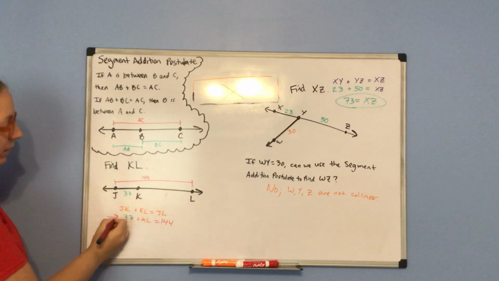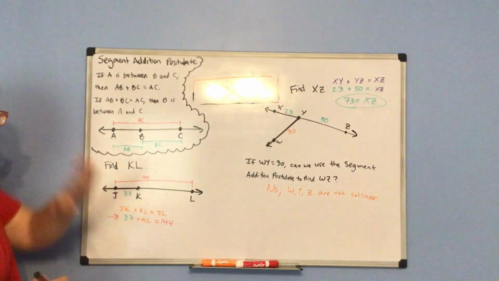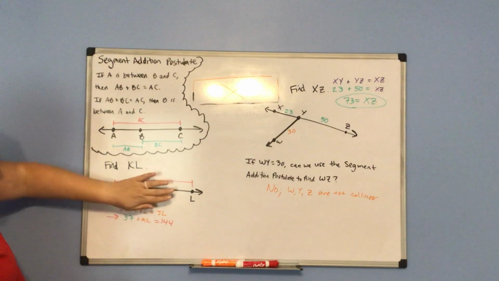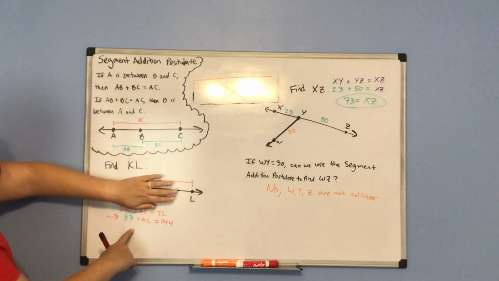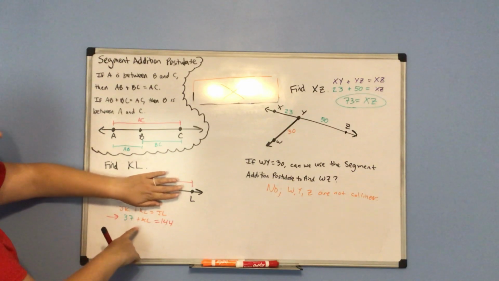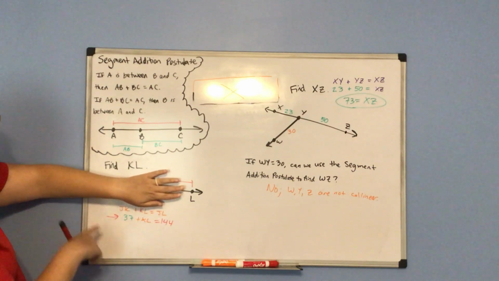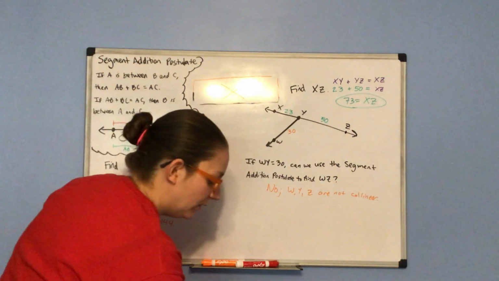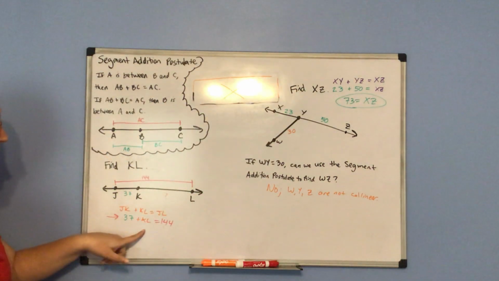Now, if you only looked at the equation we have right here, and you were thinking back to algebra or math you've been doing for a long time, didn't have any of this other information, you would say, well, I probably need to get KL by itself, which is exactly what you need to do. So this part right here, once we've used our picture, is like solving an equation that you've done before. So how do I get KL by itself?